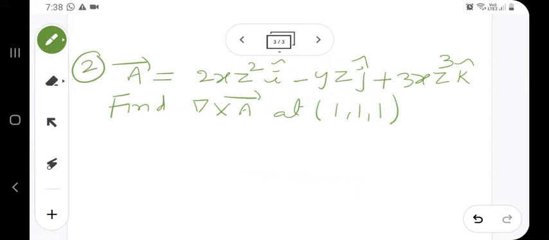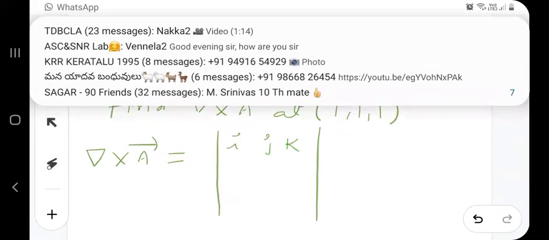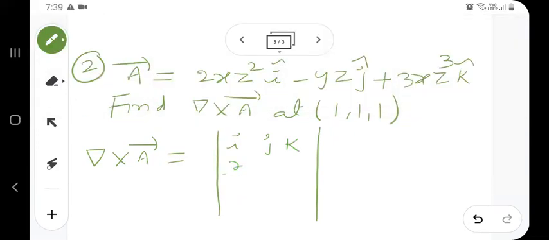First, find del bar cross a bar using the determinant formula: I, J, K, dou by dou x, dou by dou y, dou by dou z, and the x component 2x z square, y component minus yz, z component 3x z cube. We write that into the determinant.